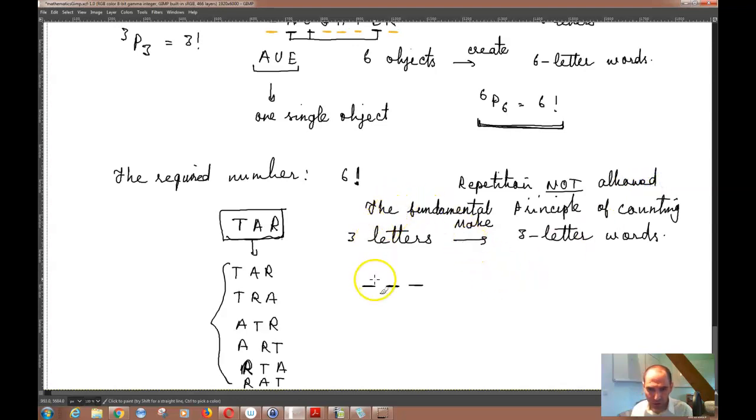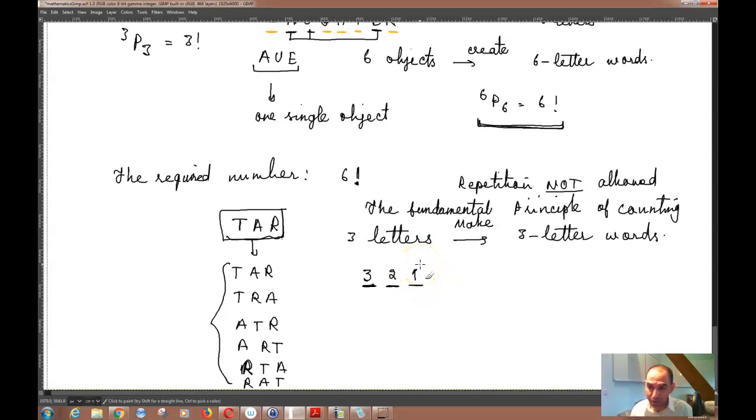I say over here there are 3 ways of filling this placeholder. Now, since repetition is not allowed, and since I have already used one of the letters, I have 2 letters left, and so there are 2 ways of filling this placeholder. And then again, since I have already used 2 of those letters, I have only 1 letter left, so there is only one way of filling this placeholder.